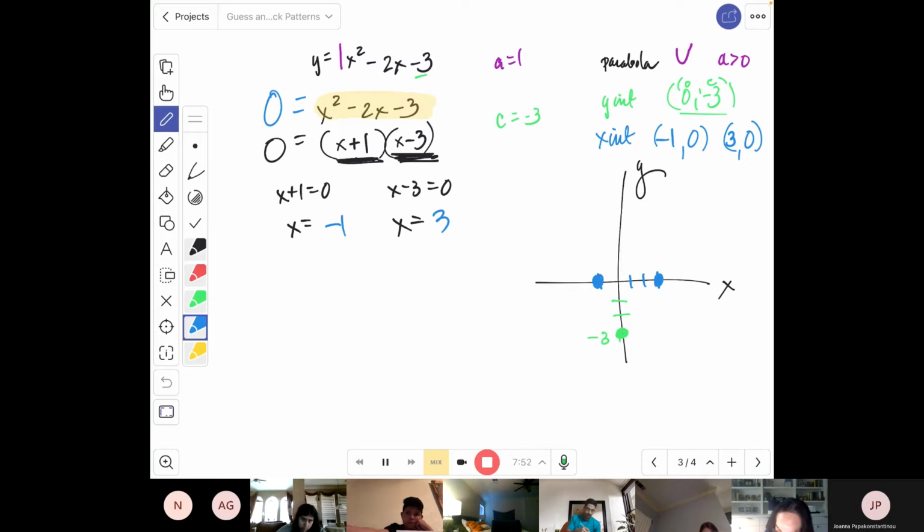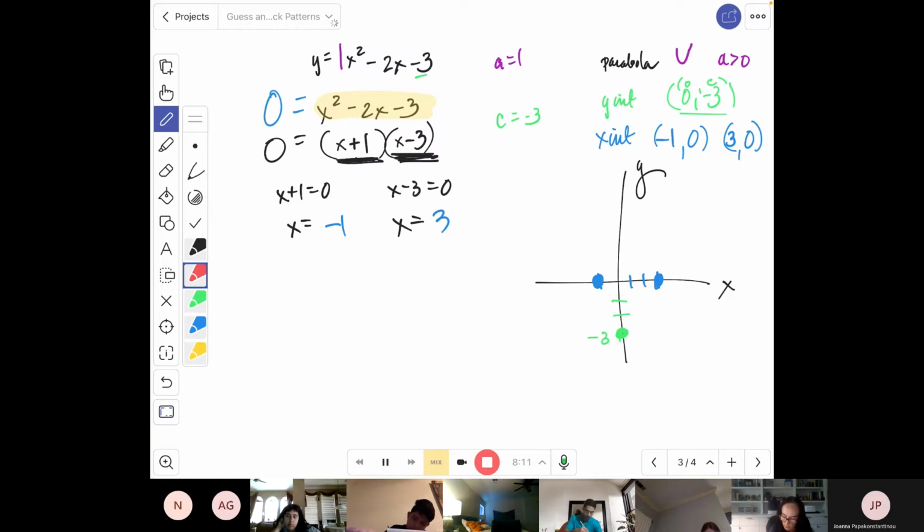Since those are my x-intercepts, and I know the graph of my parabola is symmetric about the axis of symmetry, I know my axis of symmetry falls halfway between those two x-intercepts.